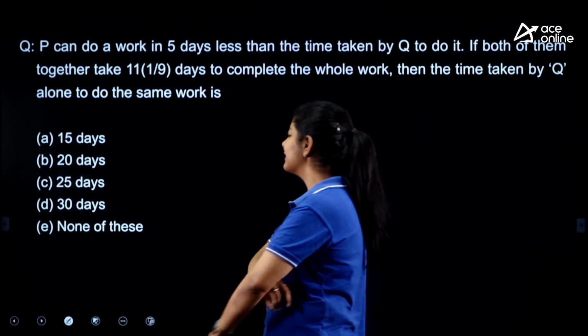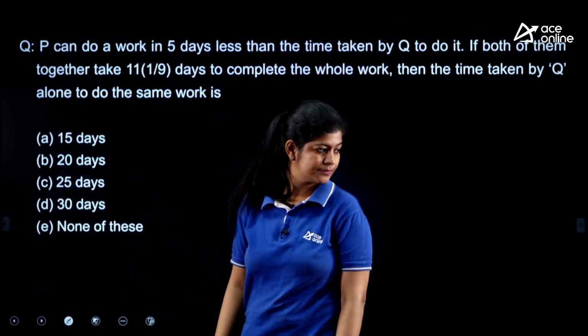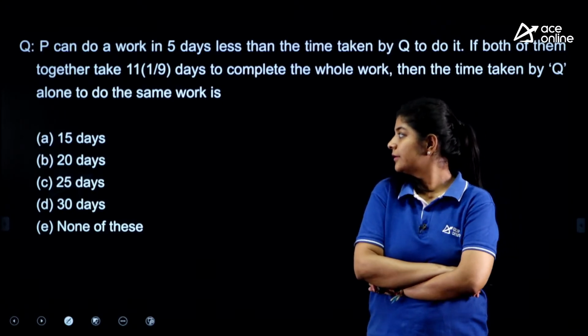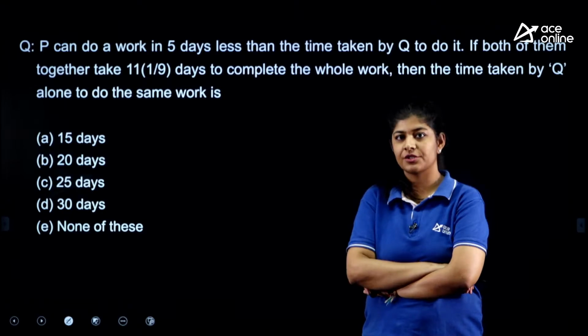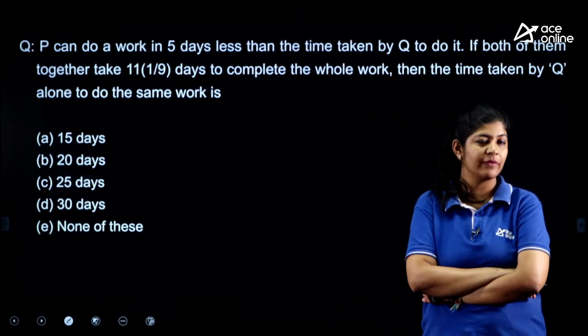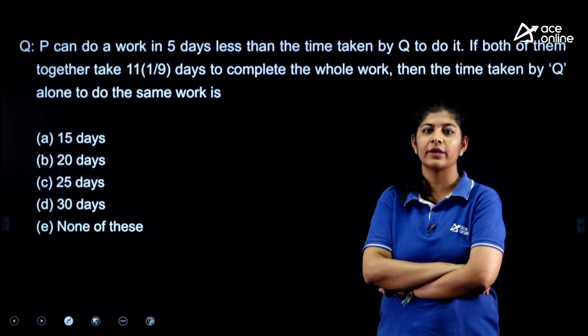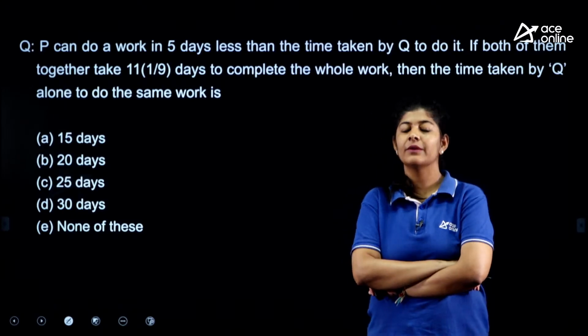This is again a very simple question. You can take the help of the options just to avoid the calculation, because anyways in this one we will get a quadratic equation. So instead of solving the quadratic equation, you can just simply take the help of the options, just put the value and you will get the answer.